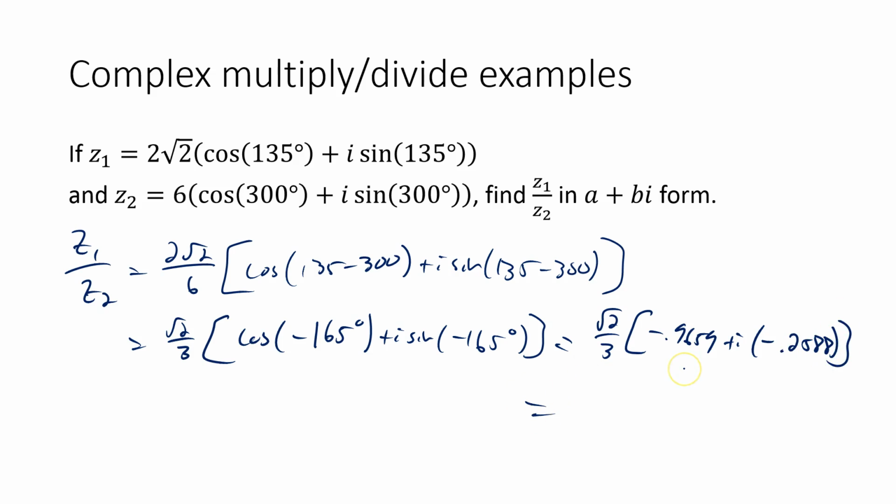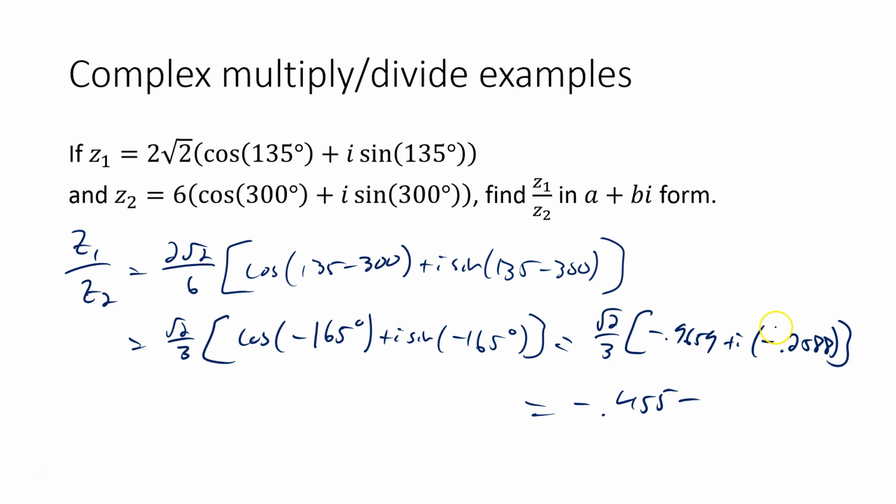And if we distribute that root 2 over 3, root 2 over 3 gives me 0.471. Multiply that by our first number, negative 0.9659. I get negative 0.455, plus, do our root 2 over 3, multiply by negative 0.2588, and I get, so I should really do minus there.